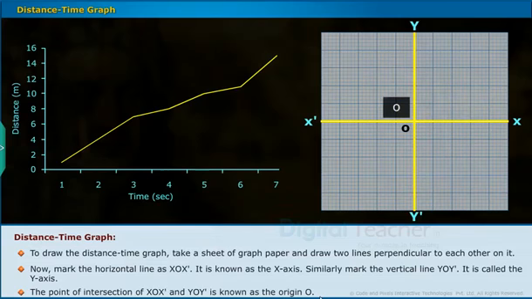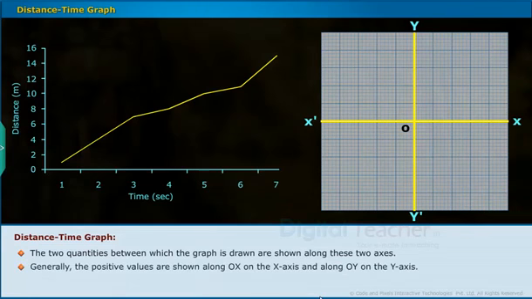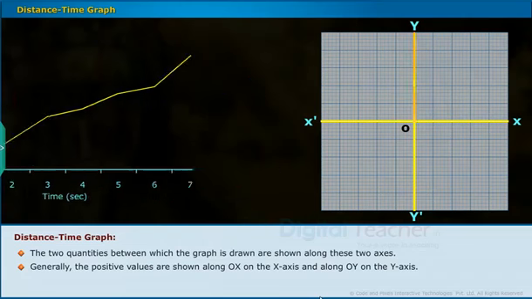The point of intersection of XOX' and YOY' is known as the origin O. The two quantities between which the graph is drawn are shown along these two axes. Generally, the positive values are shown along OX on the x-axis and along OY on the y-axis.